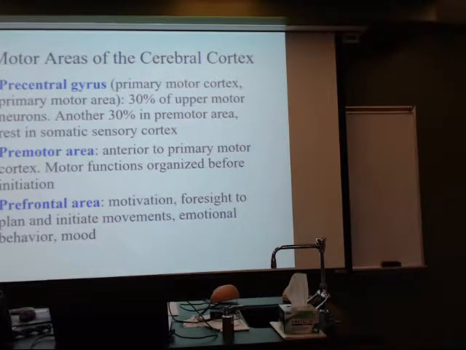So if I have my pre and my post, those two gyri, pre is for motor responses, meaning it's going to go to a muscle or a gland. So the pre is my motor cortex.